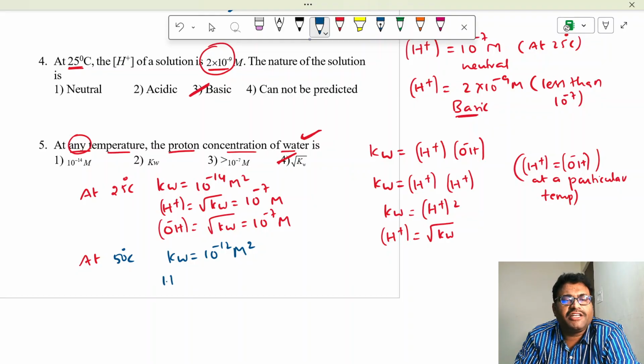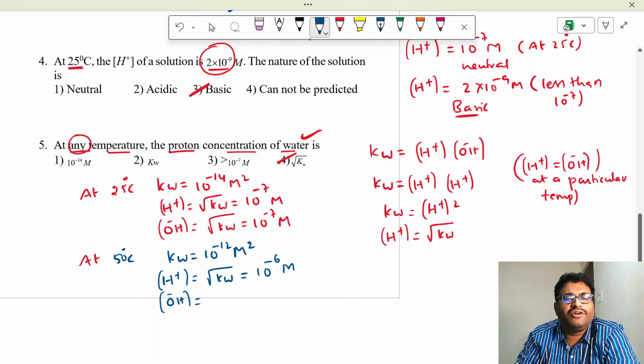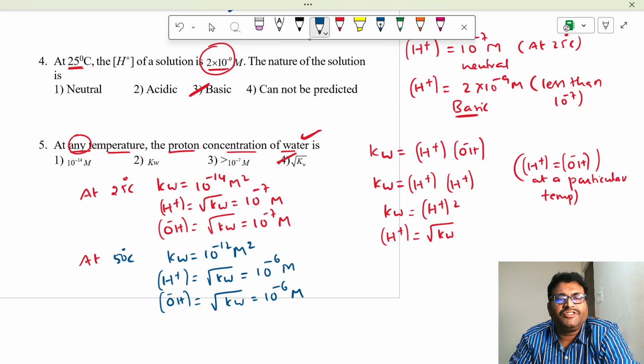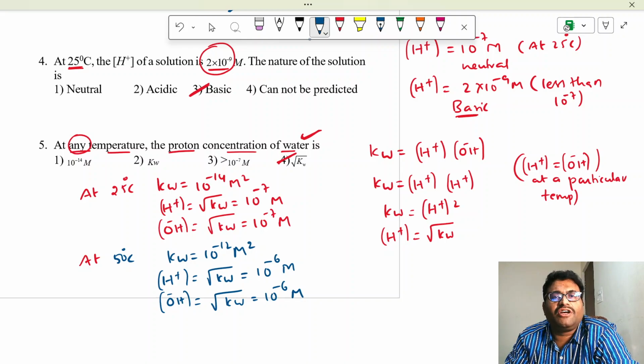Now I am writing H plus ion concentration is equal to root Kw, that is equal to 10 power minus 6 molar, or OH minus ion concentration is equal to root Kw, that is equal to 10 power minus 6 molar. So whether it is H plus ion concentration or OH minus ion concentration for water at a particular temperature, it is equal to root Kw, right?